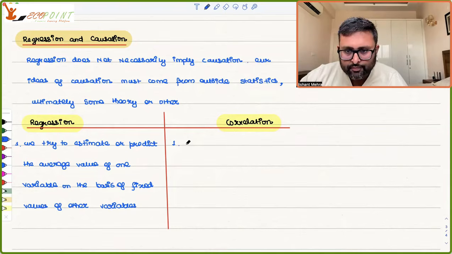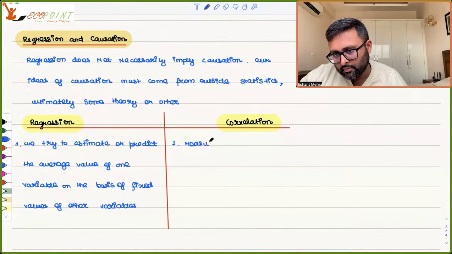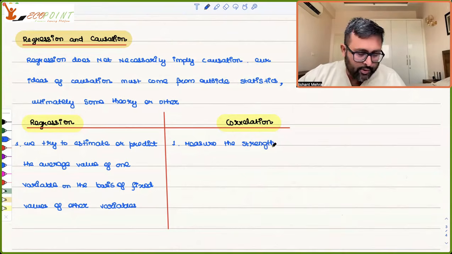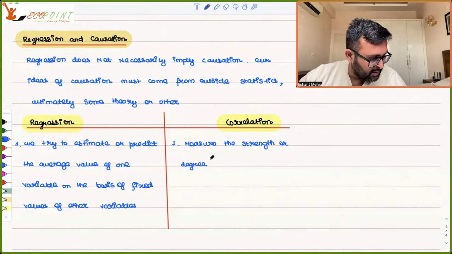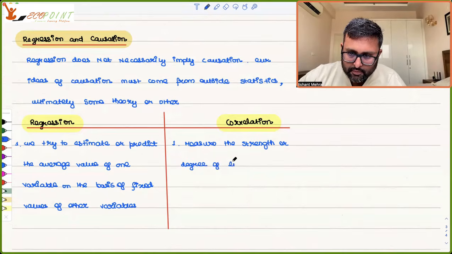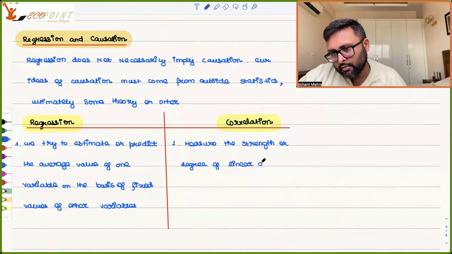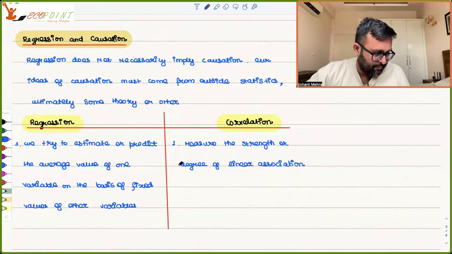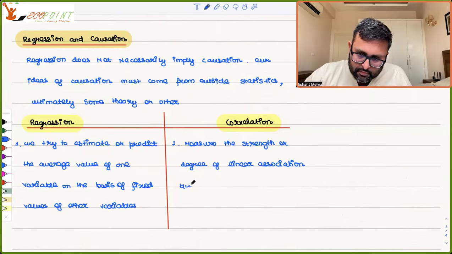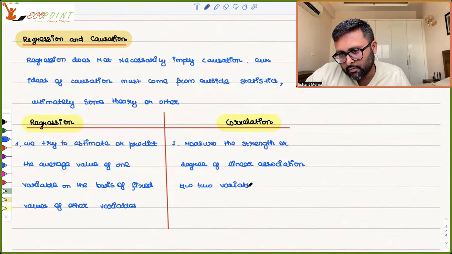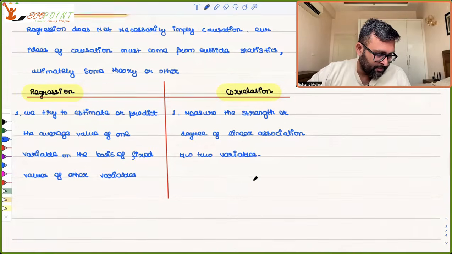Correlation measures the strength or degree of linear association between two variables, right?